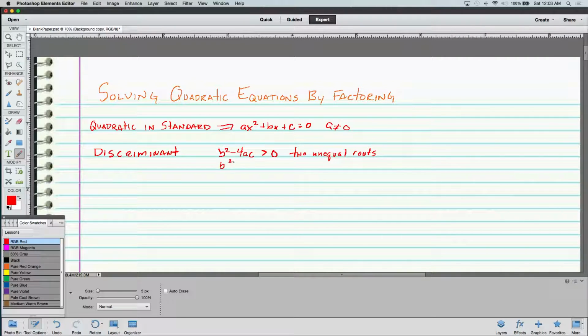If b squared minus 4ac is equal to 0, then we're going to get a double root, meaning the same exact root twice. And if b squared minus 4ac is less than 0, we're going to get no real solution.